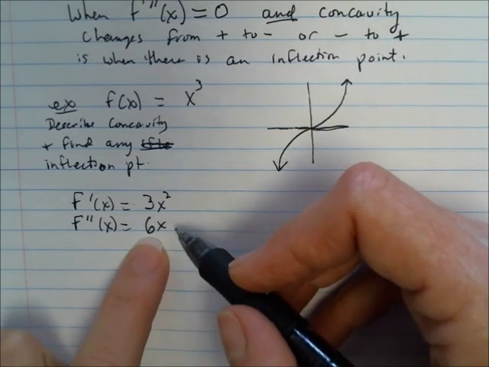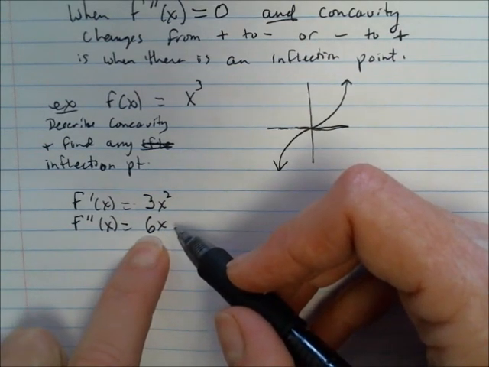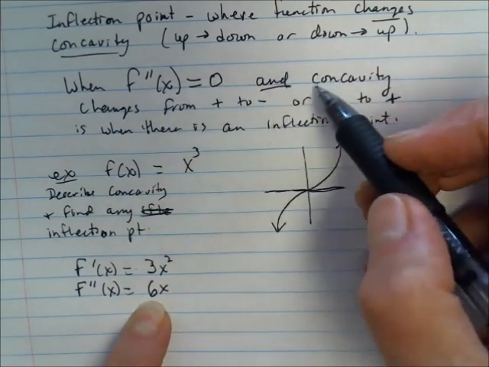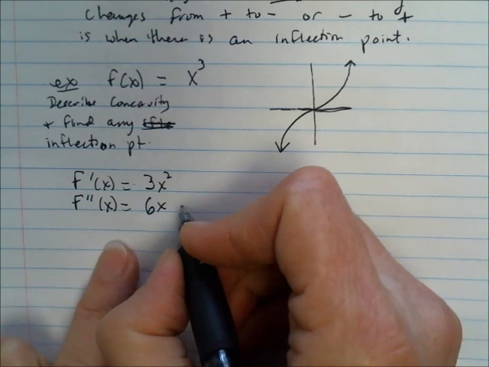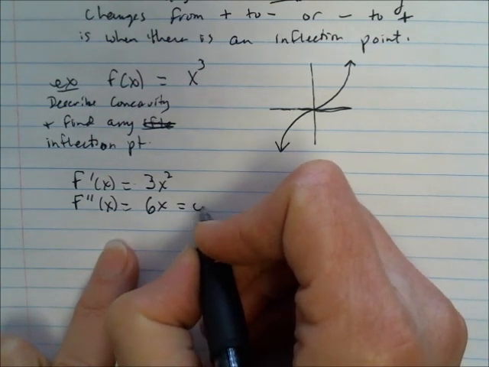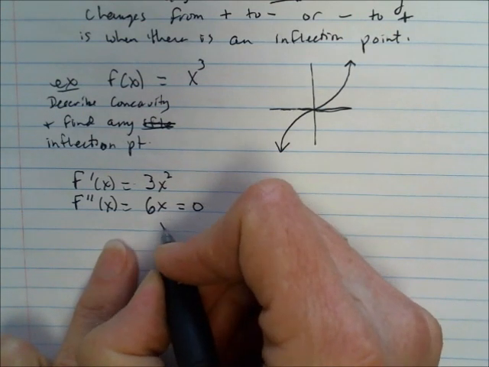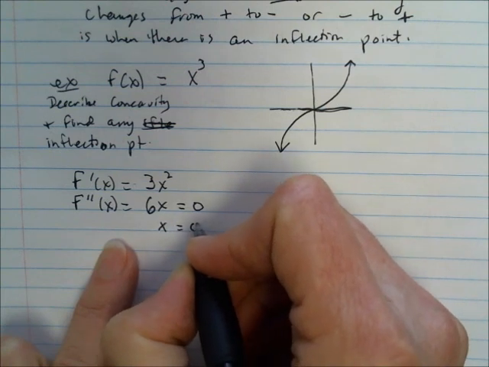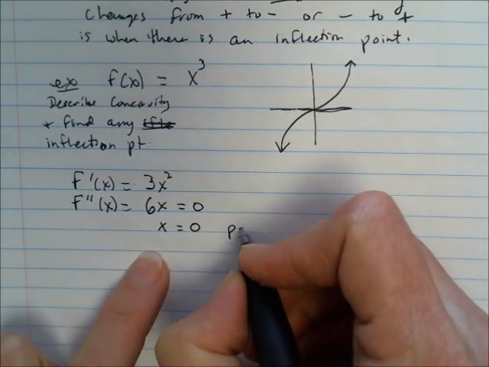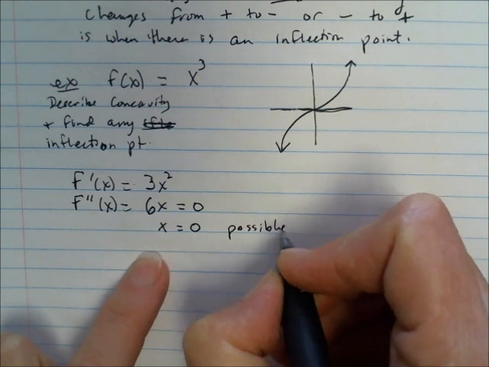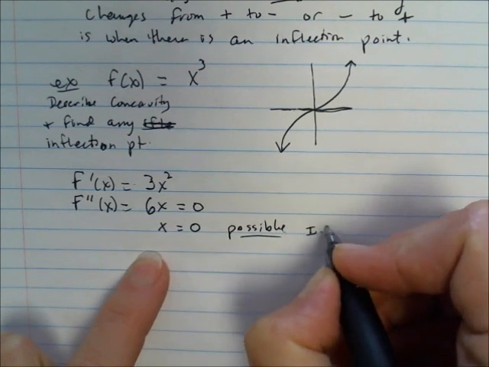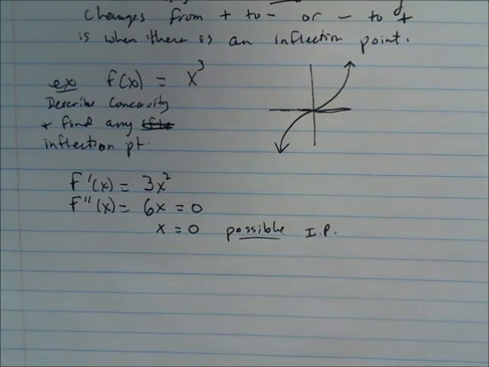Well, remember, an inflection point means that the second derivative is equal to 0 and the concavity changes. So if we set the second derivative equal to 0, we find x is equal to 0. So this is a possible inflection point. I write inflection point with an IP just so I don't have to write it out every time.